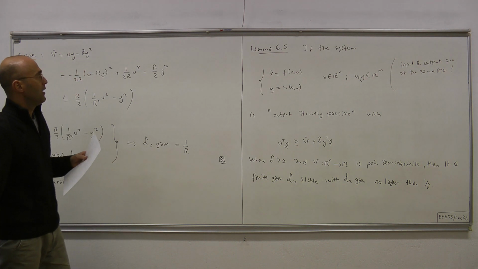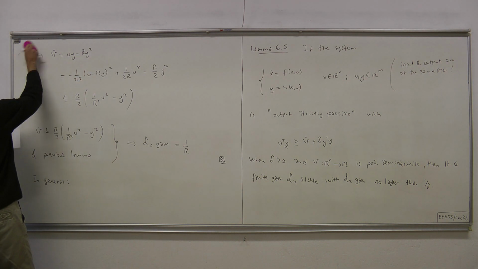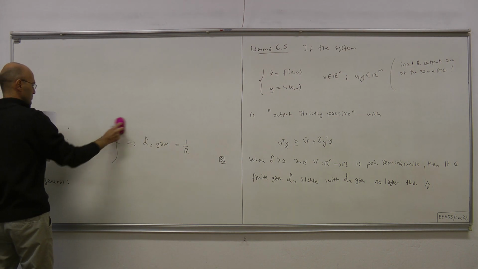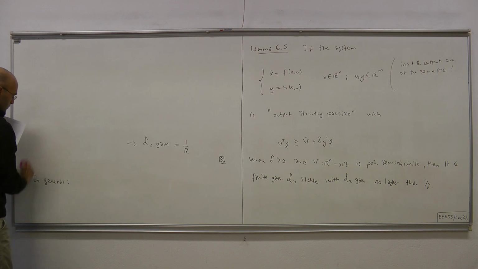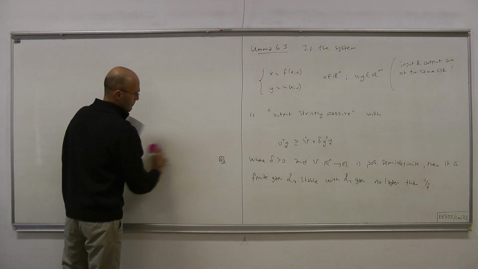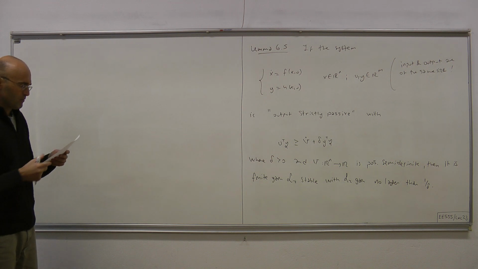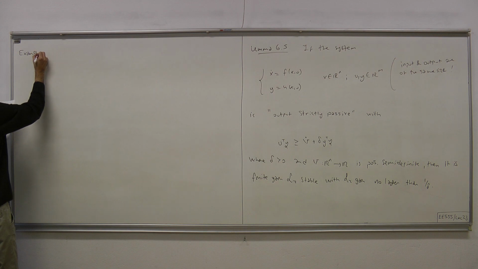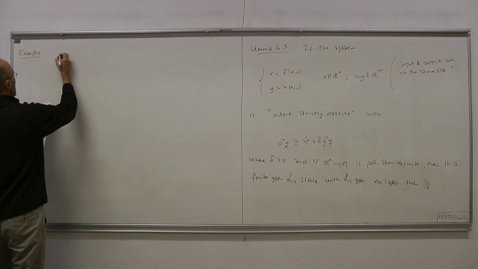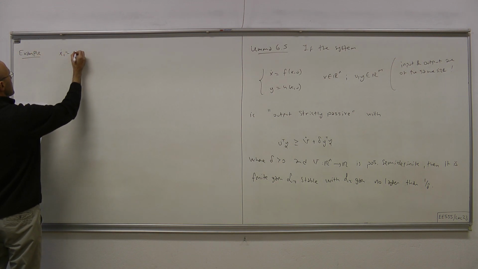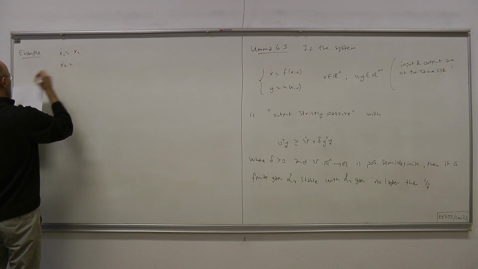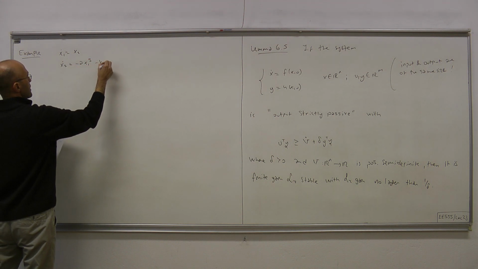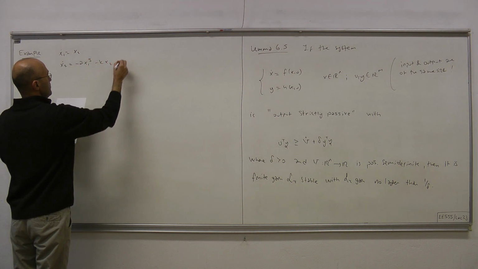Okay, now let's apply this lemma to the following example. Consider the system x1 dot equals x2, x2 dot equals minus a x1 cubed minus k x2 plus u.